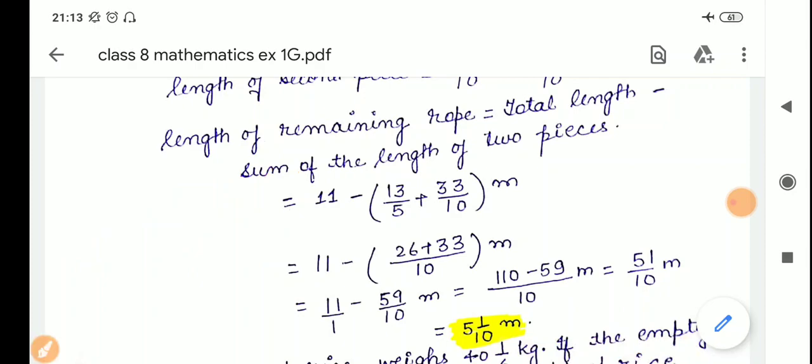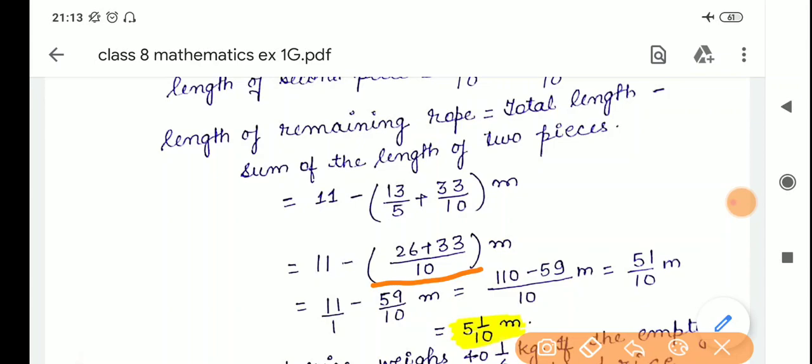Then 11 minus 13 by 5 plus 33 by 10 meter. By taking the LCM, 10 is the LCM, so 5 twos are 10, 2 times 13 is 26, plus 33 meter.